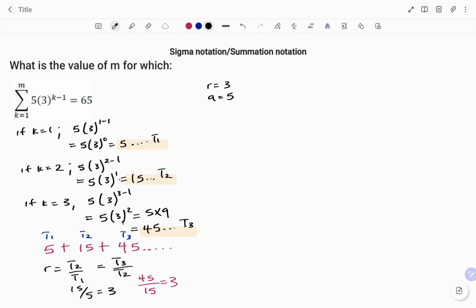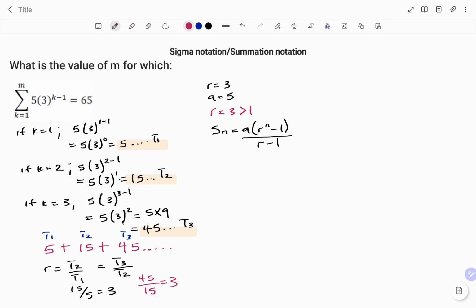Therefore, because the value of my R is 3, which is greater than 1, the formula to use for my Sn will be the sum equals a times r to the power of n minus 1, over r minus 1. And if I put in the values, remember my n in this case is m.